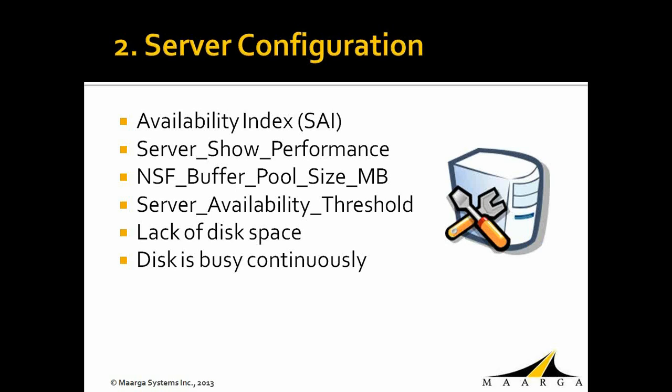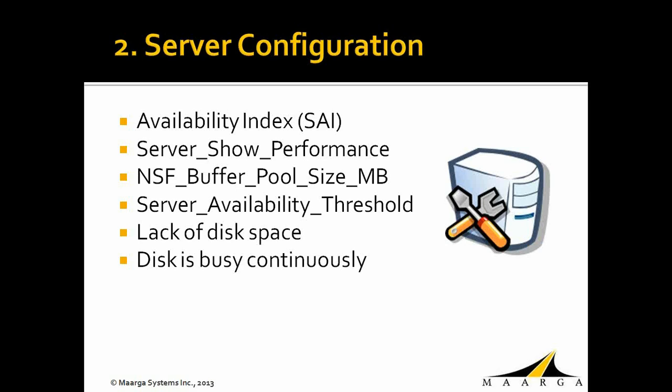So either you increase the capacity of the server, or you decrease the load on the server by distributing the applications or increasing the number of CPUs or whatever. So server availability index is one thing that you need to look out for.